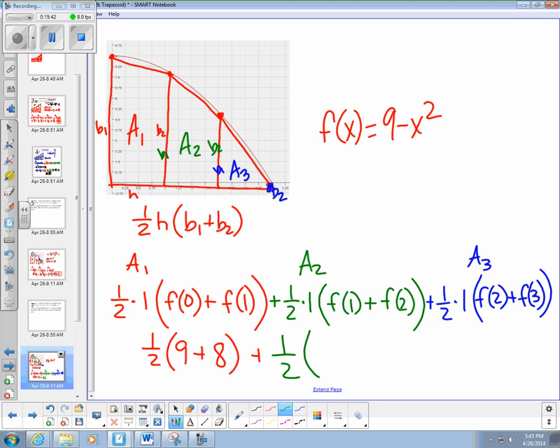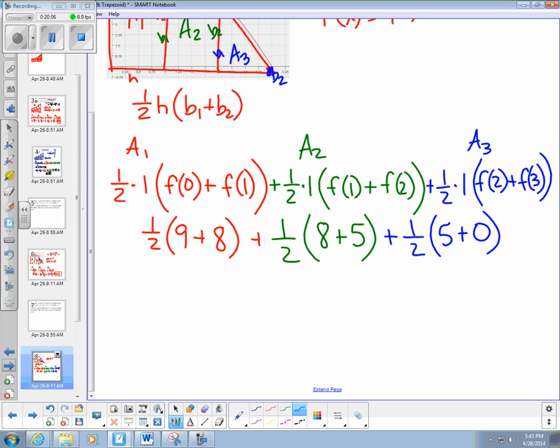F of 1 we just calculated to be 8. F of 2, 2 squared is 4, 9 minus 4 gives us a 5. And then for the third one, 1/2 times 1 again is 1/2. F of 2 we calculated to be 5. And when you put in 3, 3 squared is 9, 9 minus 9 is 0. That's why that one looks like a triangle instead of a trapezoid.